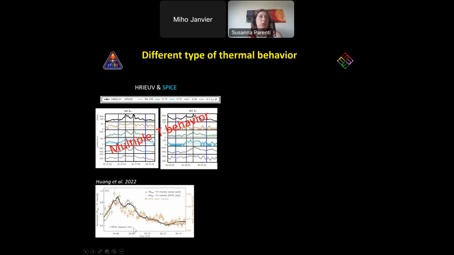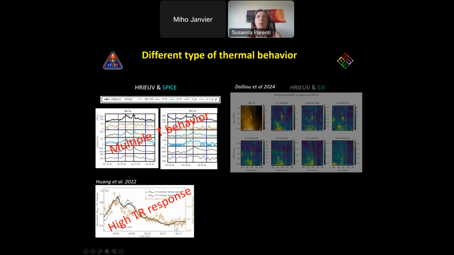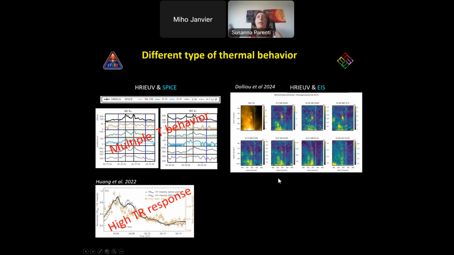There are other examples, like this one, where you have a clear signature in neon 8, which is exactly the same as the one in EUI. So you know that this feature is reaching high transition region temperature. But you can also use IRIS and EIS when you are Earth aligned, because EIS is very interesting as it has all these hot coronal lines.